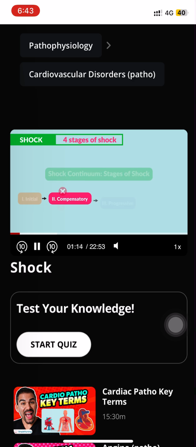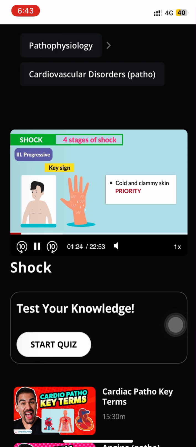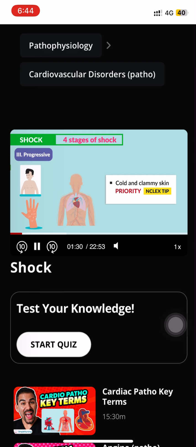Now, as compensatory mechanisms fail, clients progress into the progressive stage. Now, a key sign to know for your exams is cold and clammy skin. This is priority. Huge NCLEX tip, so write that down. This is an early sign that the body is lacking perfusion and getting worse, not being able to compensate anymore.